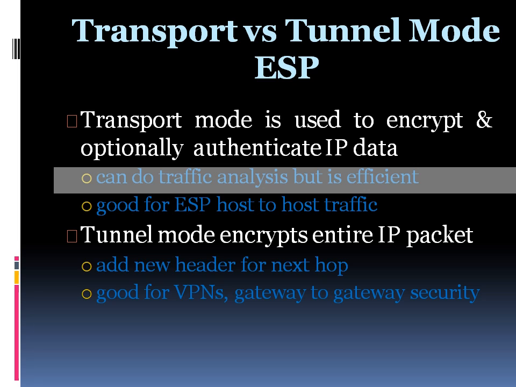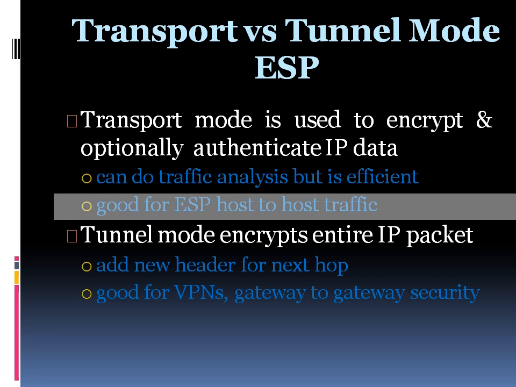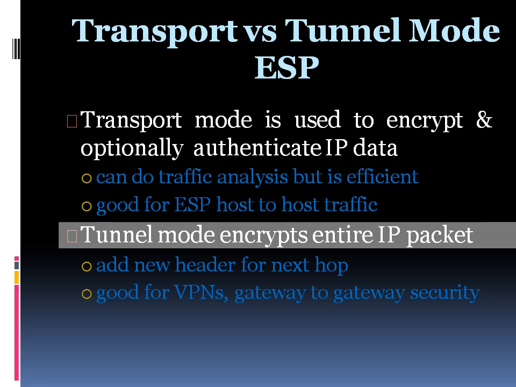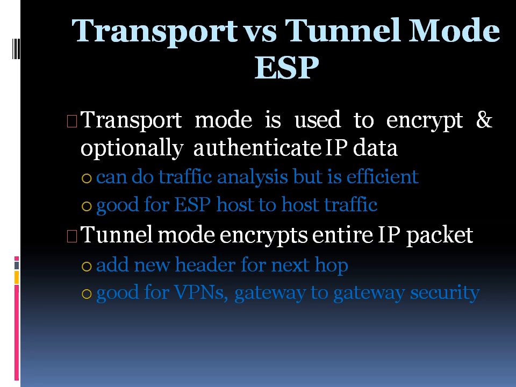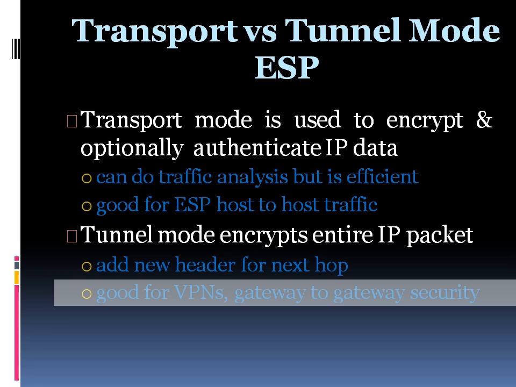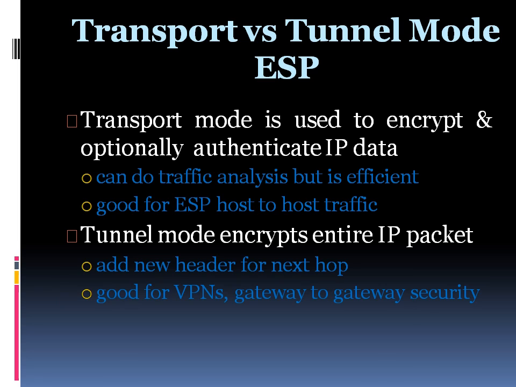It allows traffic analysis but is efficient, and it is good for ESP host-to-host traffic. Next, the tunnel mode encrypts the entire IP packet. It adds a new header for the next hop and it is good for VPNs and gateway-to-gateway security.